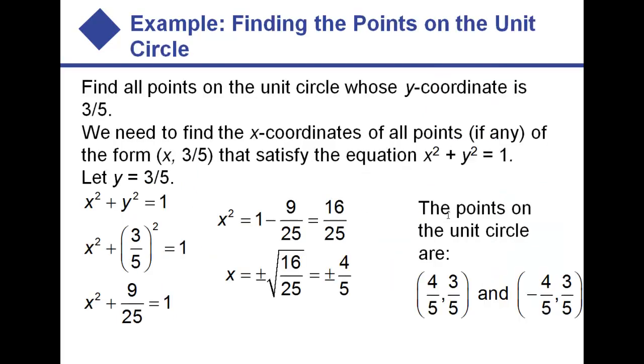Well, if those points are on the circle, those points are solutions to the equation. You plug it in, you square it, you move it to the other side, you combine them. Now you've got x squared equals this. Take the square root, remembering that when you take a square root, you get plus and minus, so you get plus and minus 4/5, and there are your 2 points.